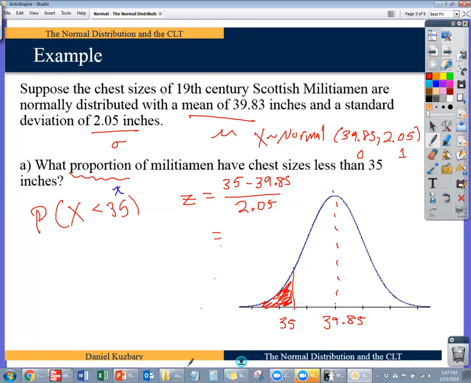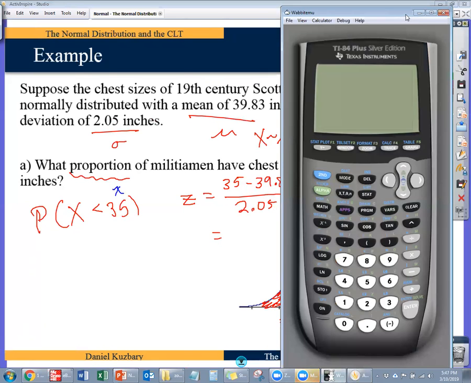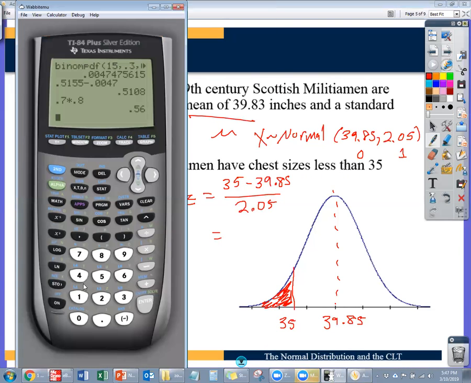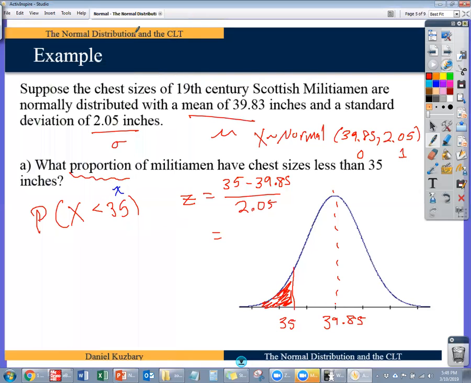Let me do that on the calculator real quick. I take 35 minus 39.85, and then divide by the standard deviation, which is 2.05. And I get negative 2.37. I'll round it to 2 decimals: negative 2.37.